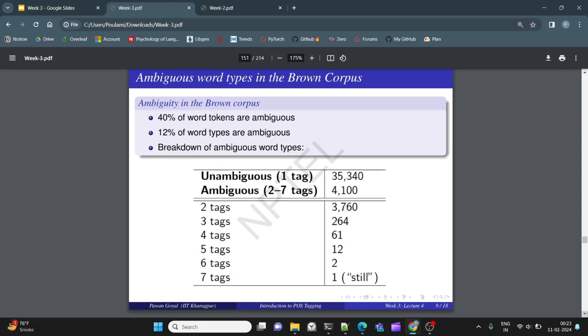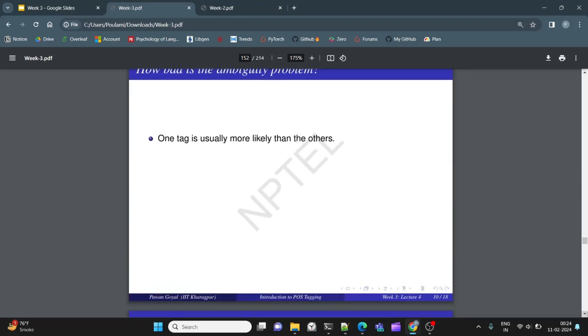Among these 4,100, 3,760 had 2 tags, 264 had 3 tags, and 61 words had 4 tags. One extreme case is the word still, which had 7 possible part of speech tags. So this ambiguity is a serious concern.